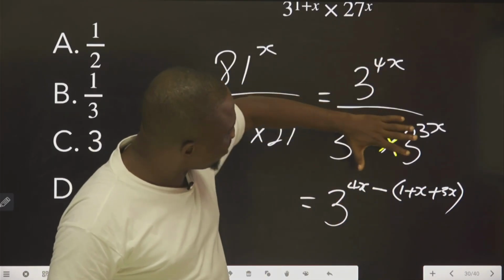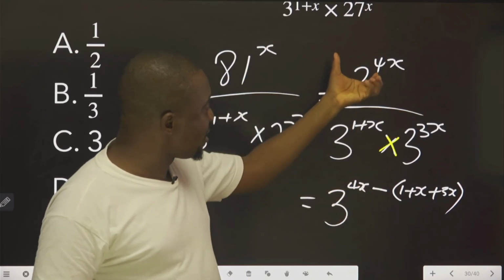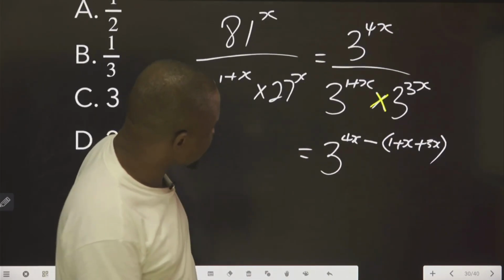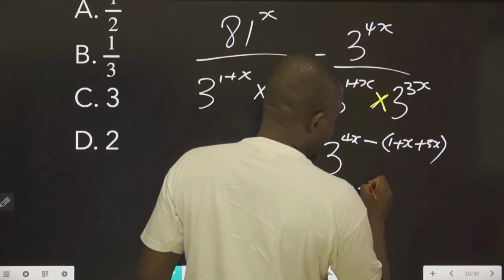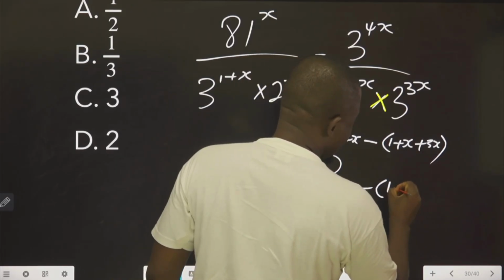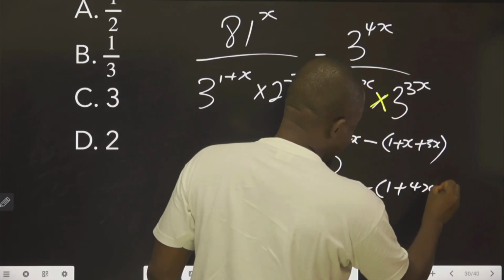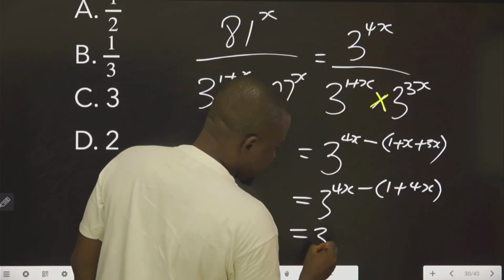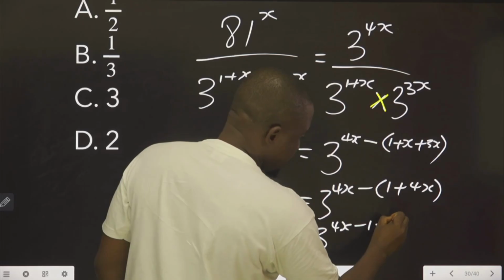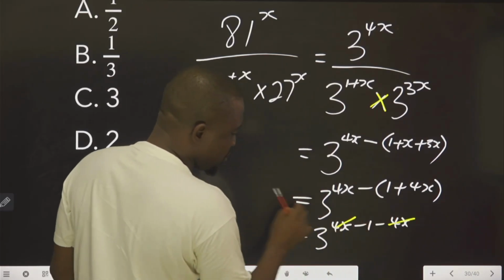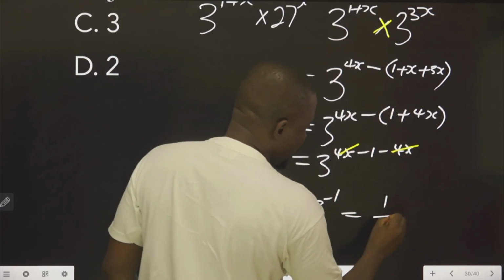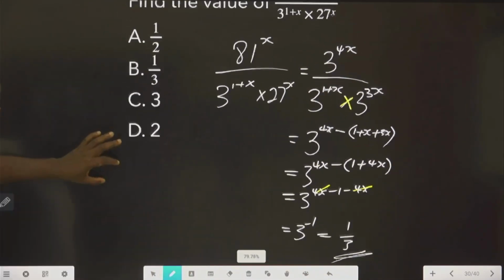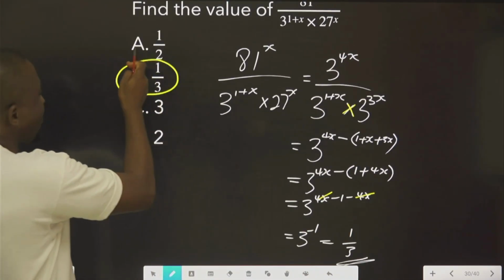The upper one minus the down one, that is numerator and denominator. Now we can solve this to get 4x, this and this will cancel. We have minus 1, which is 1 over 3. B is the answer of this one.